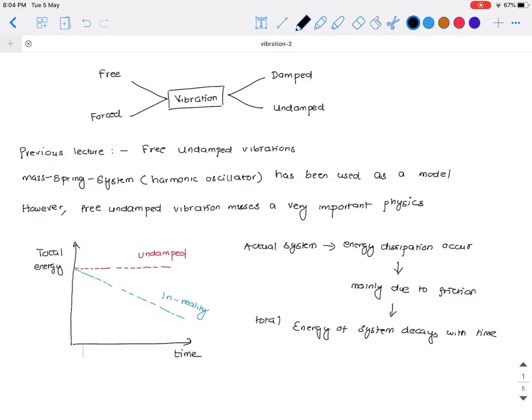So that will be the focus of this lecture, in that we are going to talk about free damped vibration.